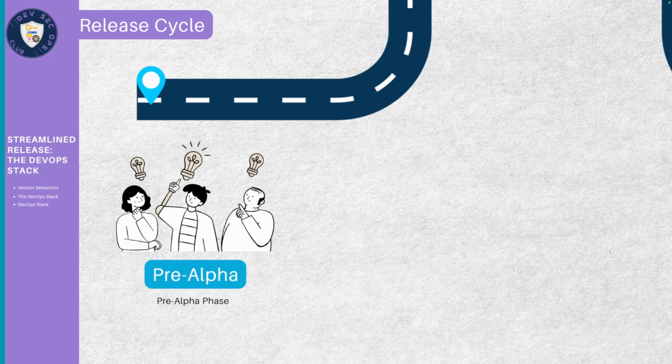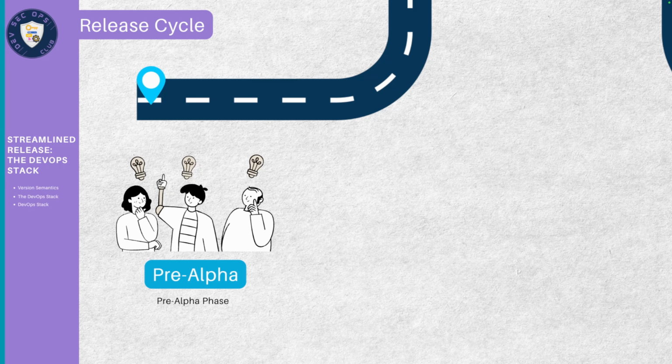The very first phase is pre-alpha. It is similar to planning. The project manager, your planning team, the developers, everybody is involved, if it's a DevOps approach, since the very beginning.